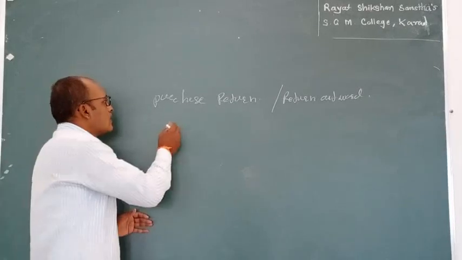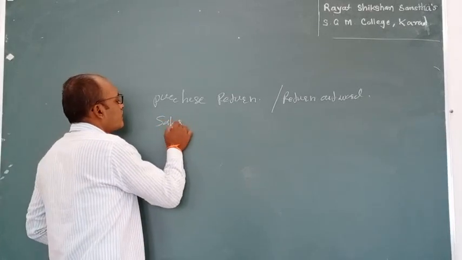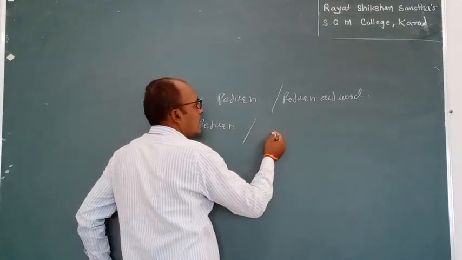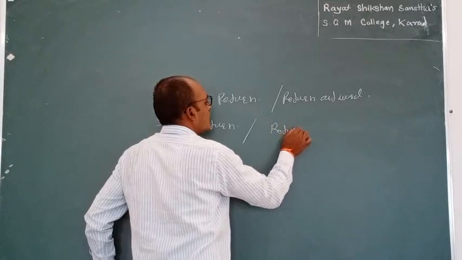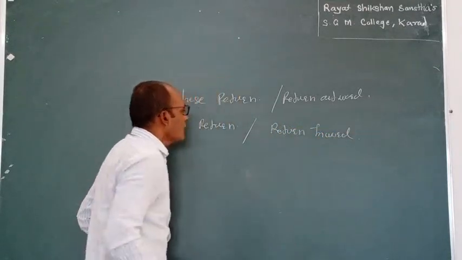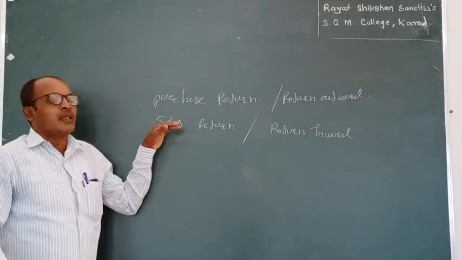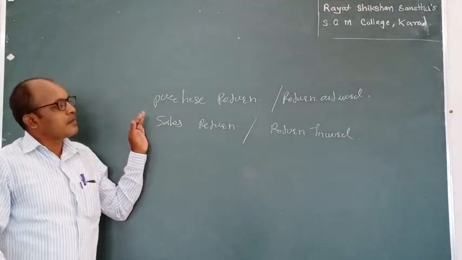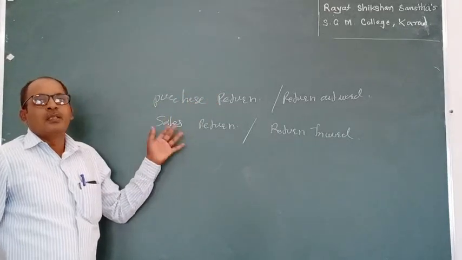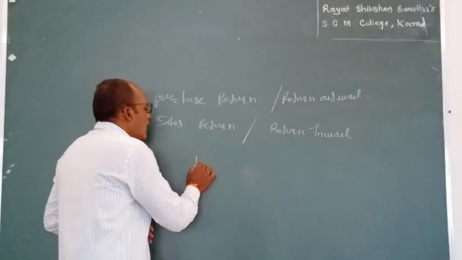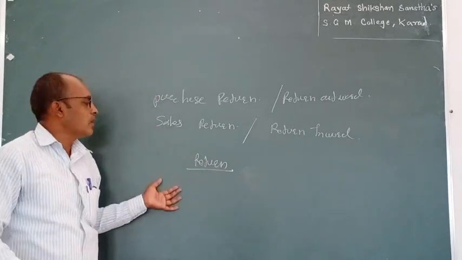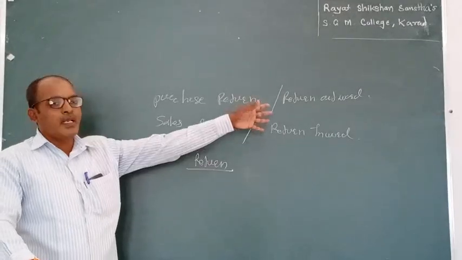Then sales return. Sales return is also called return inward. This amount is deducted from sales, returned by the customers. But sometimes in our trial balance only the word return is given, with the amount in the debit column or credit column.